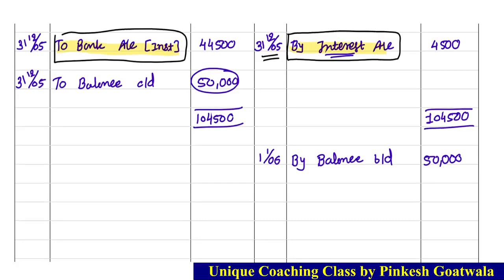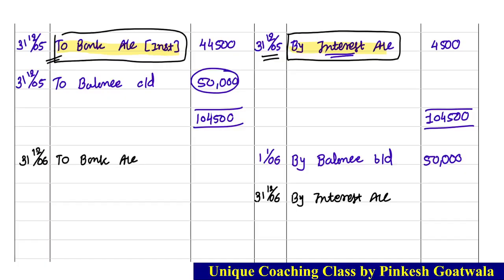So now here 31st December 6, by interest account. And on this side, 31st December 6, to bank account. Just write this.